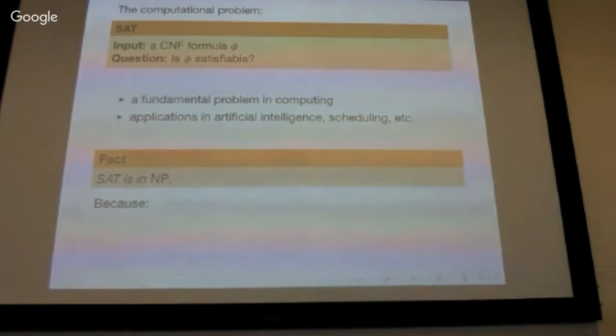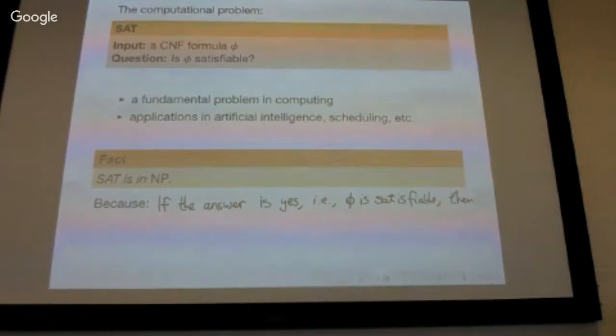So in this case, if the answer is yes, so that means the formula phi is satisfiable, then what's the additional information that will do?